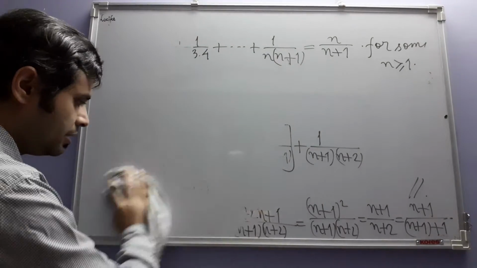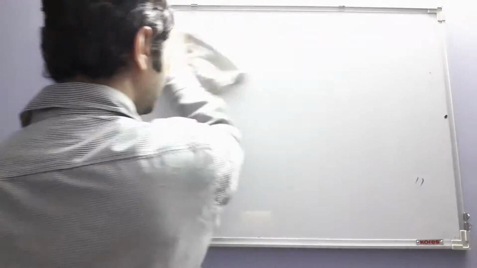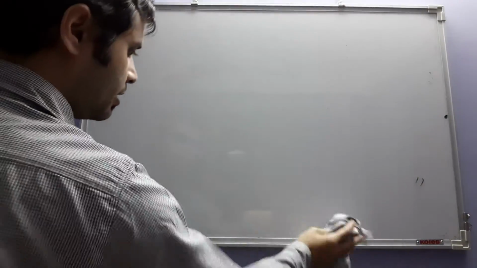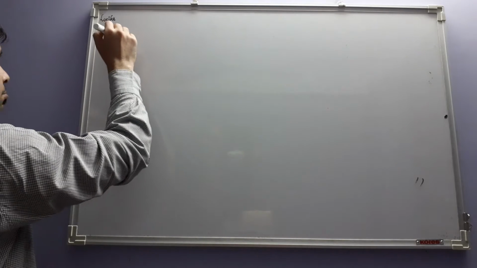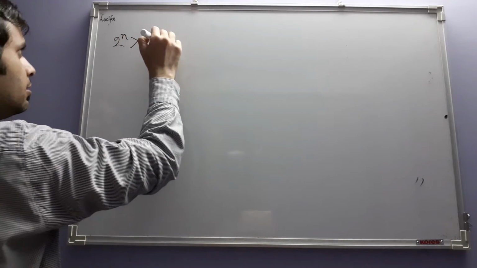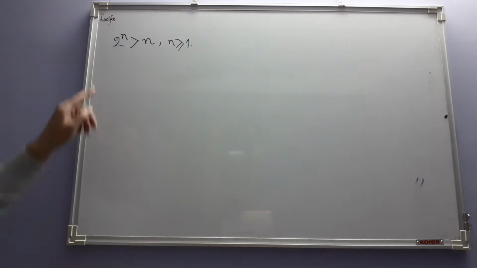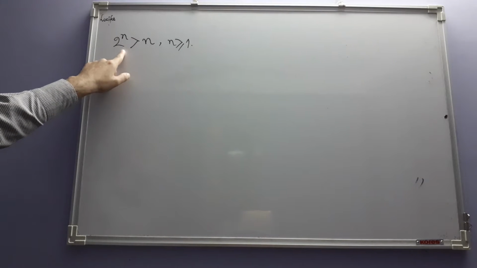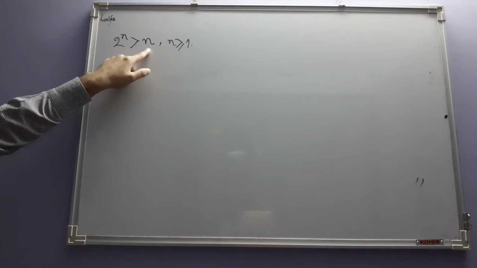Now that we have seen some identities proved using mathematical induction, let us now prove something else using mathematical induction, which is not an identity. Prove that 2 to the power n is greater than n for all n greater than or equal to 1. We have to show that when we take this power 2 to the power n, where n is a positive integer, it's always greater than n.